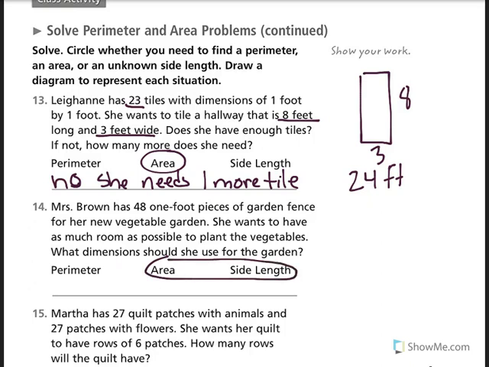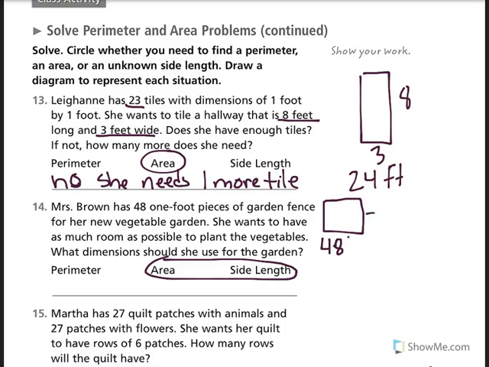Now, you'll have to remember an important fact from earlier. To have the biggest area inside of a shape, we want to make it as close to a square as possible, right? So, we'll ask ourselves, what are the different factors that can multiply to 48? And as close as possible to each other.